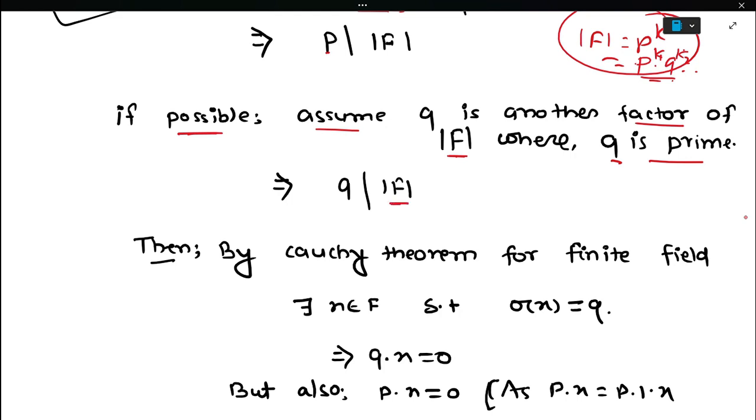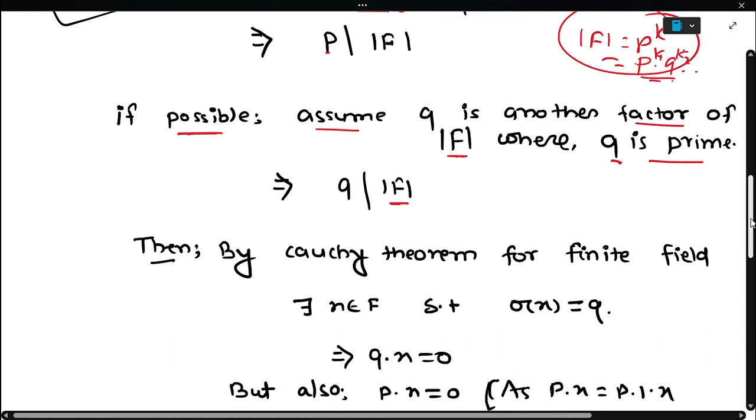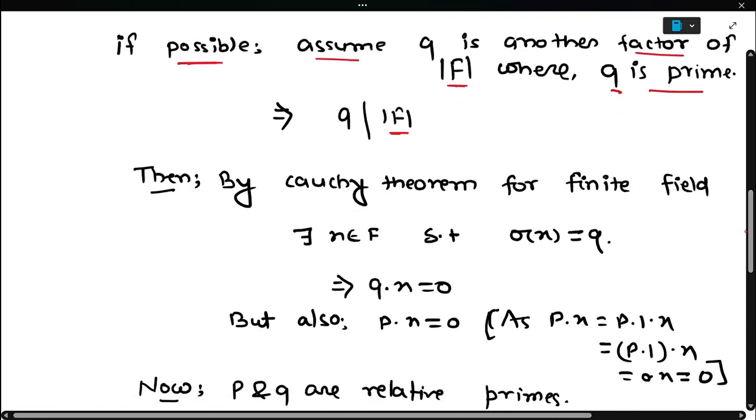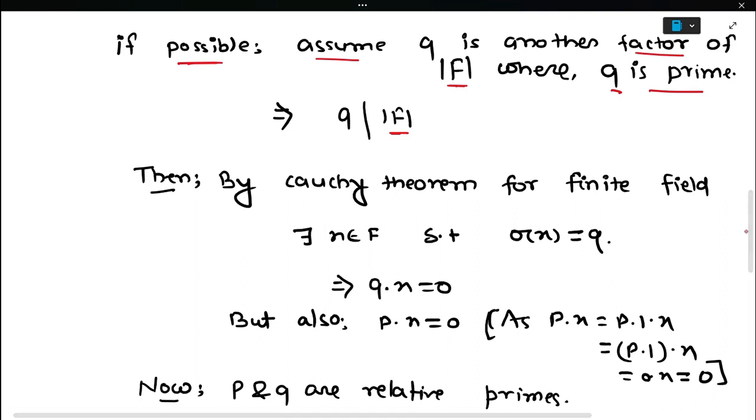Then by Cauchy's theorem for finite groups, when a prime divides the cardinality of a finite group, we have an element of that order in the group.